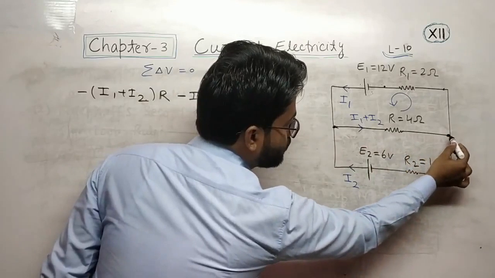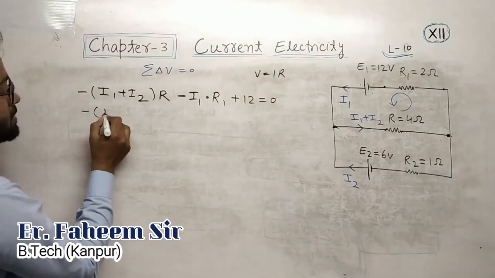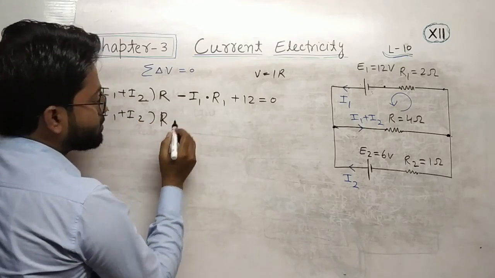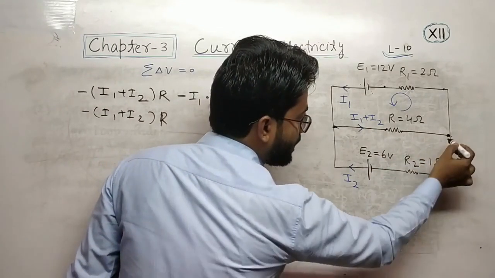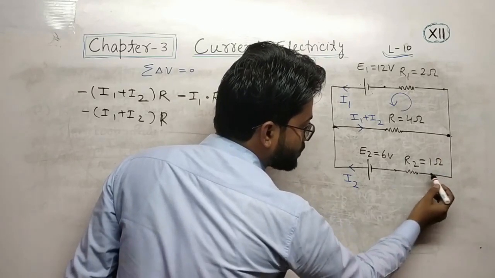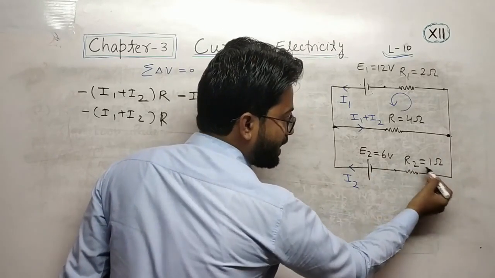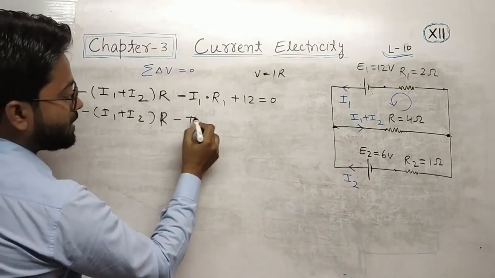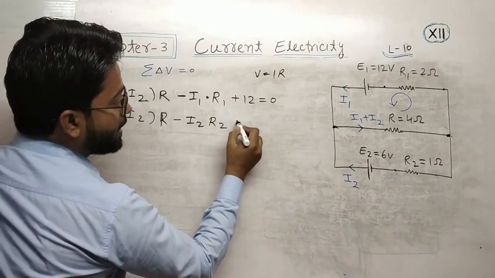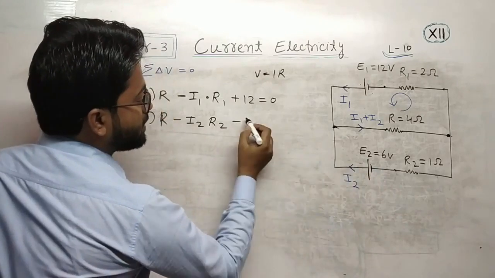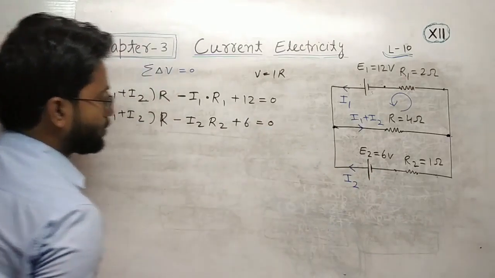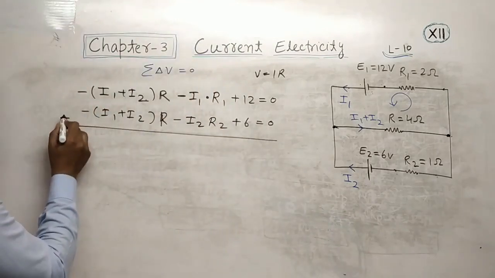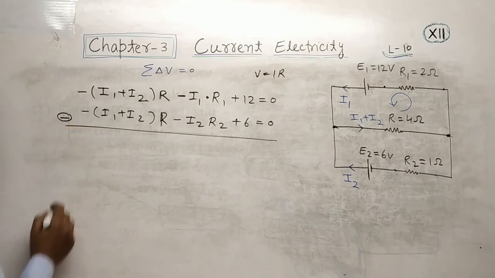First go from this point to this point: minus (I1 plus I2) times R, because there is a potential drop. If you go from this point to this point, the current is in this direction, from higher potential to lower potential, which means a potential drop, that is minus I2 R2, and then plus 6, is equal to 0. Subtract these two equations.